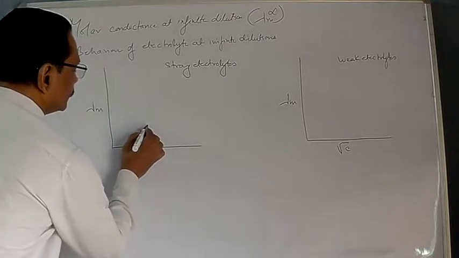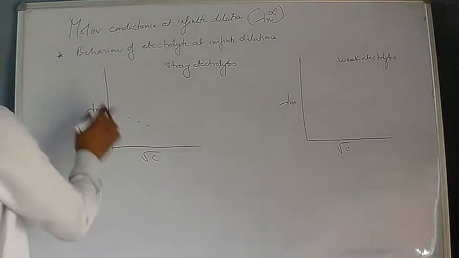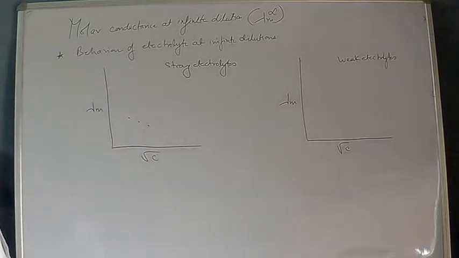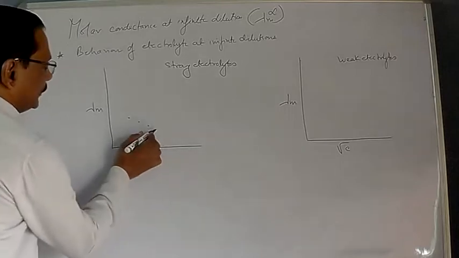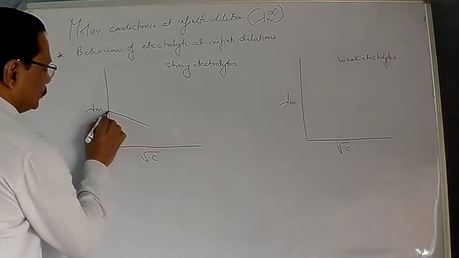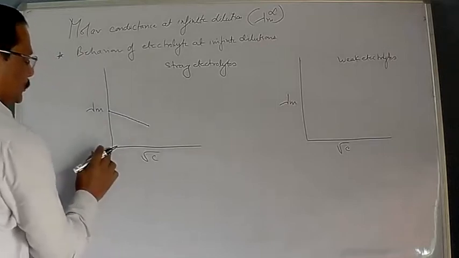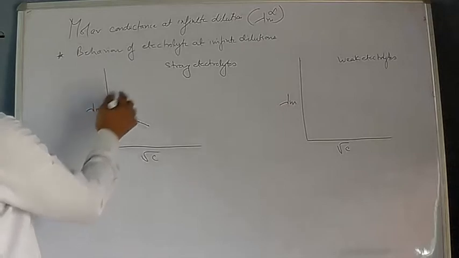So we can plot the graph, and we get a curve like this. Since you are all students of maths, if you get a curve like this, I can very well extrapolate the curve and let it come to here. So here root C is 0, concentration is 0. It means the electrolyte is infinitely diluted.